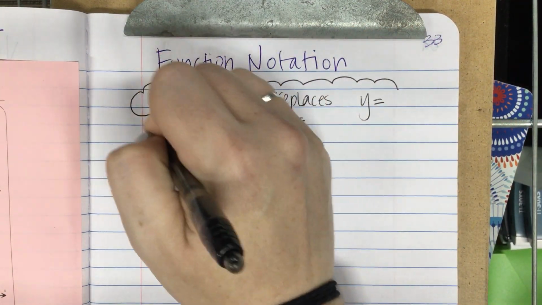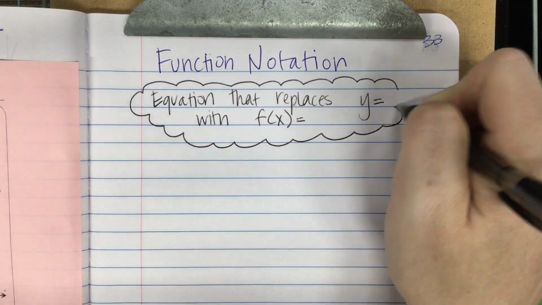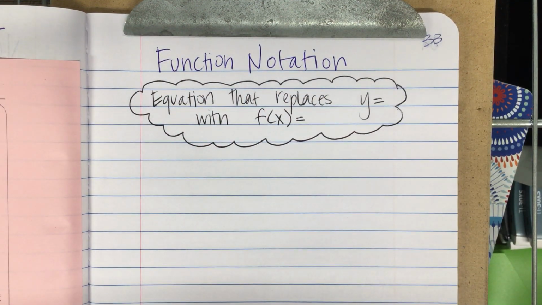So it's just an equation, but instead of it equaling a variable, the solution, it's going to say f of x, which stands for the function of x, meaning what does x do?